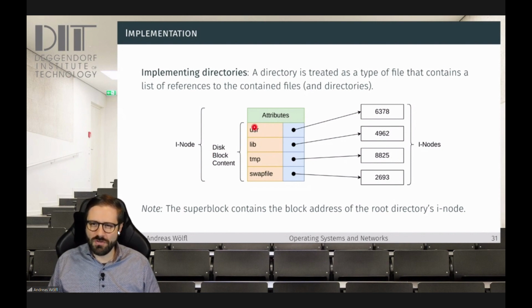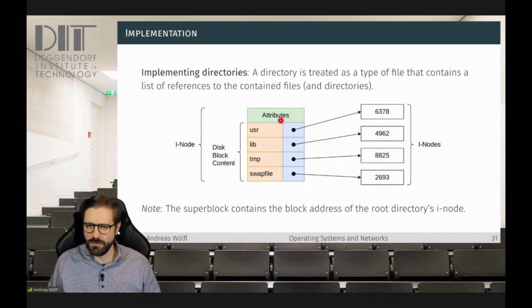And each entry in the list of subdirectories and files contains a pointer to the inode where the respective directory lies. So for example, here in this diagram, you see the architecture of an inode of the root directory.